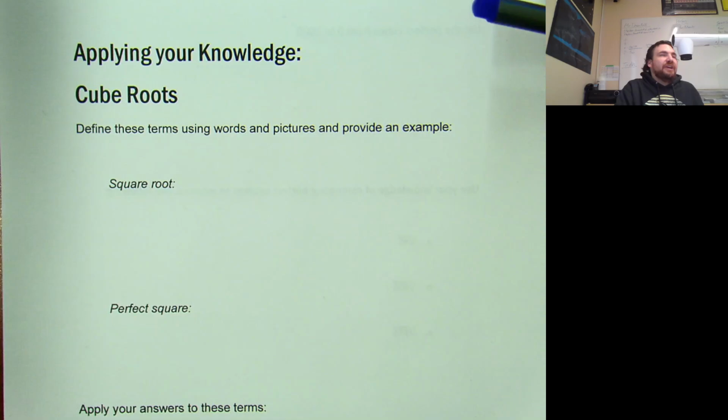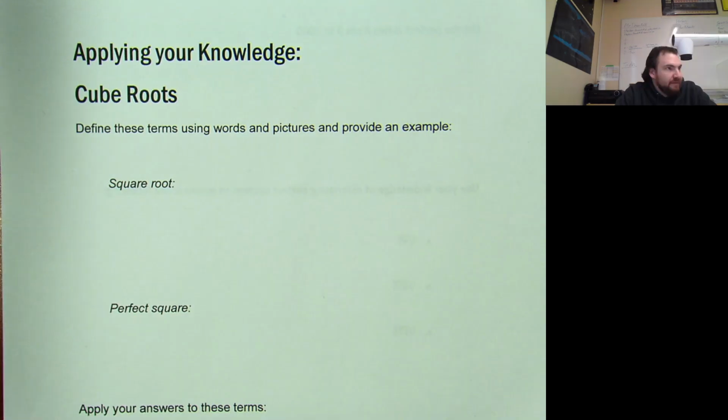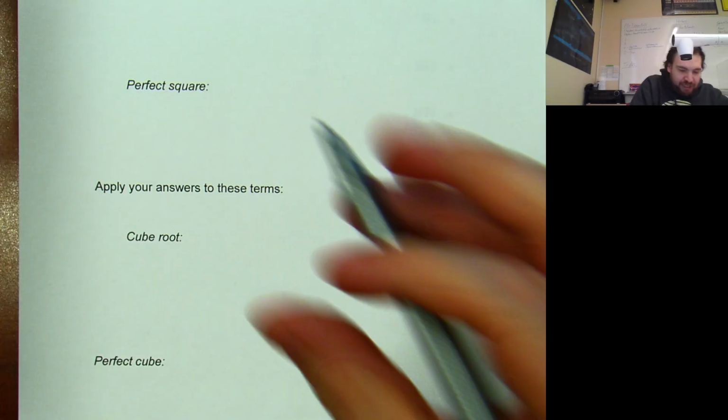We've cubed things before, yes? Do we know what it means to cube something? To the power of 3. So let's go all the way down here. I'm just going to add something in here. Cubing. Maybe it makes it easier to think of it this way.